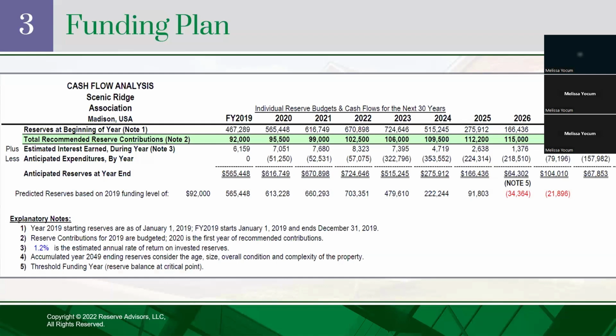Bringing right down to zero is called baseline funding. And that really doesn't provide any flexibility. So if something slightly more than was anticipated or occurs ahead of schedule, you don't have the wiggle room there, and essentially we'll have to special assess. So most reserve studies will include some sort of threshold, and that's really something that's determined after we understand the expenditures and the needs of the association.